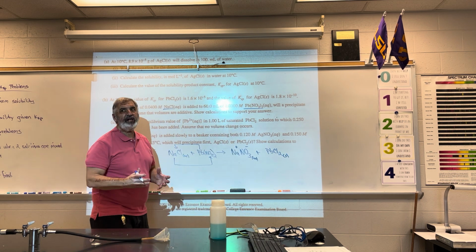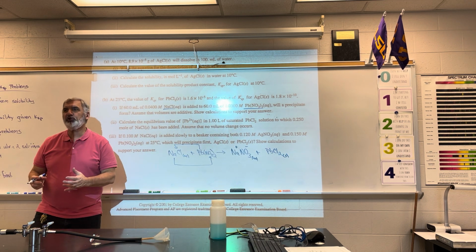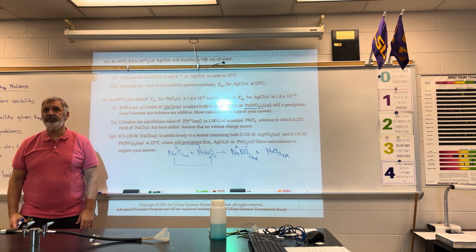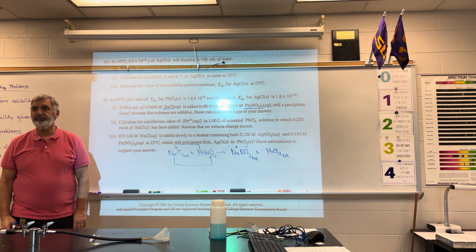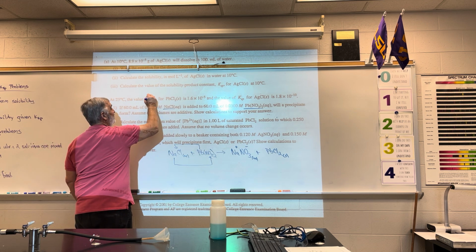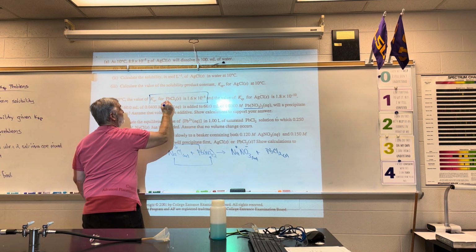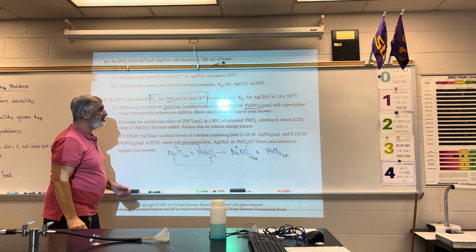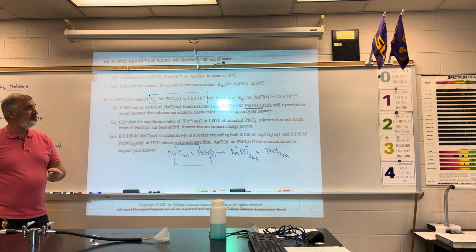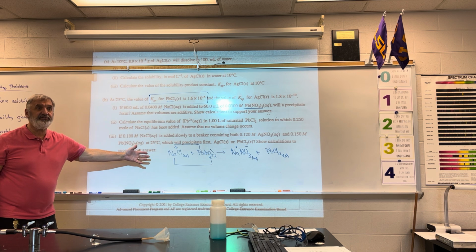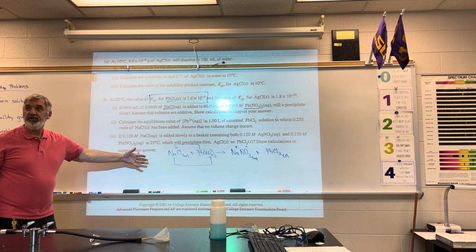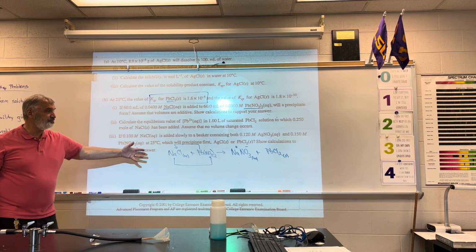But what's another context clue that the lead chloride might be the precipitate? They give you the KSP for PbCl2. They don't give you anything for NaNO3. You're obviously not going to make any silver chloride there because you can't just create silver out of nothing. So it's just telling me the PbCl2.